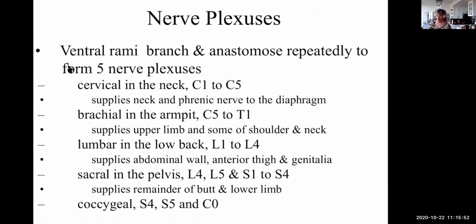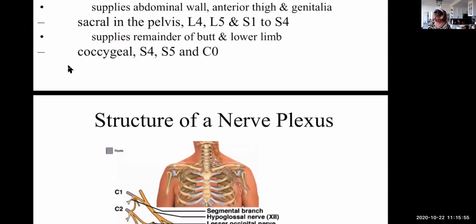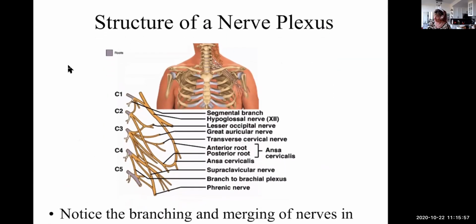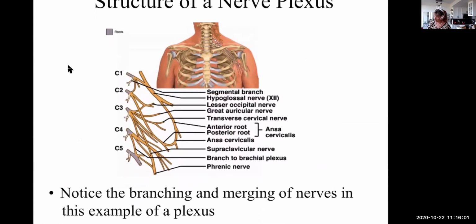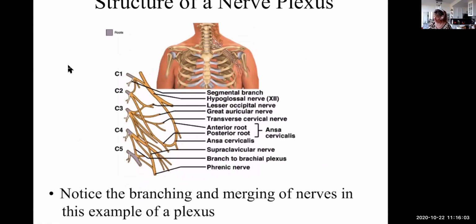What are these plexuses of which I speak? Let's look at what it might look like. So this is the cervical plexus, from vertebra 1 to 5 of the cervical nerve cord. There's branching and merging.